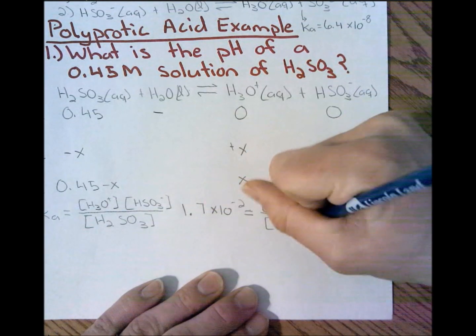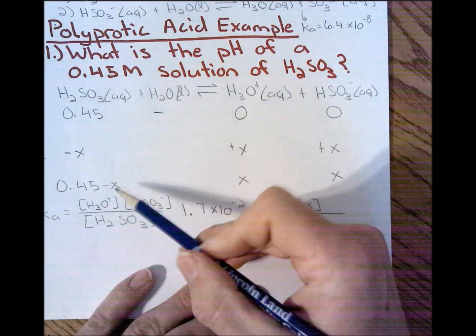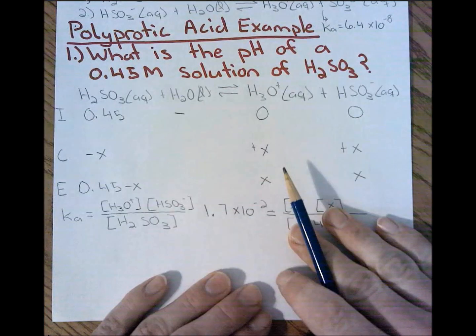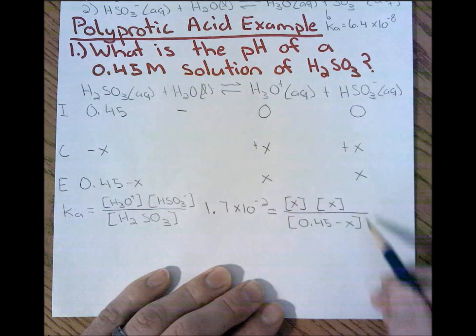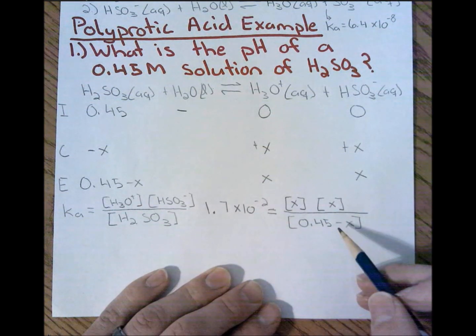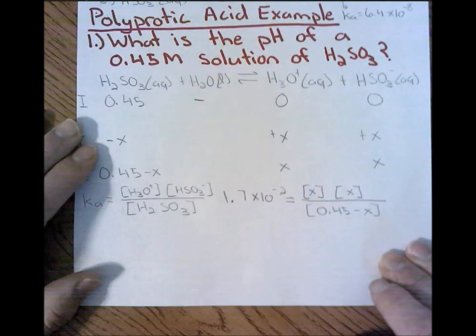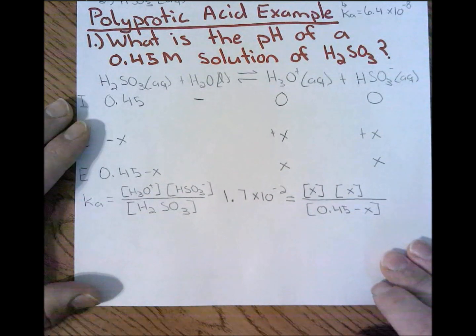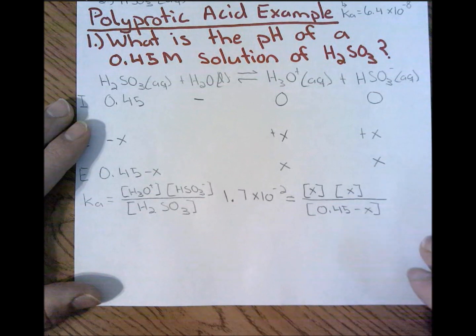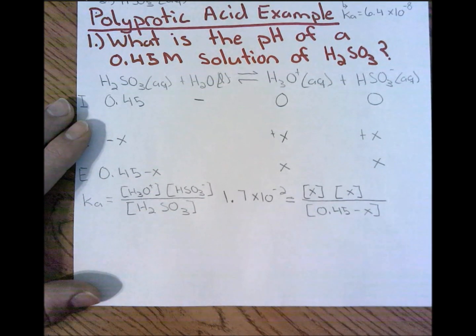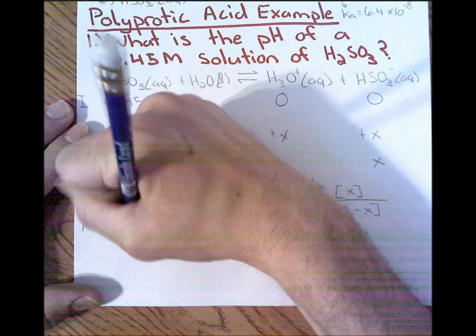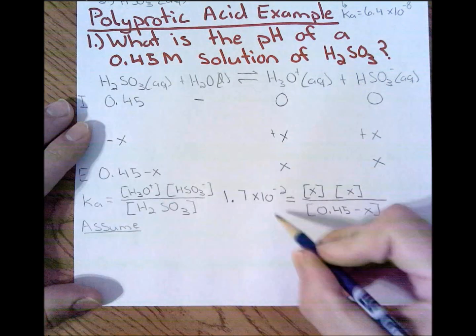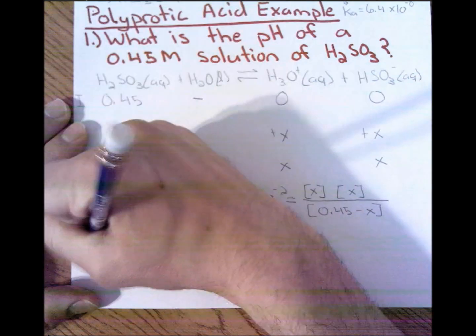Now, this business is messy, right? So we're going to see if our assumption holds true. If not, we've got to do a little bit of work with our quadratic formula. So always write down your assumptions. We want our Ka, which is 1.7 times 10 to the negative second, times 100 to be less than our original value for our acid. We want it to be less than 0.45.